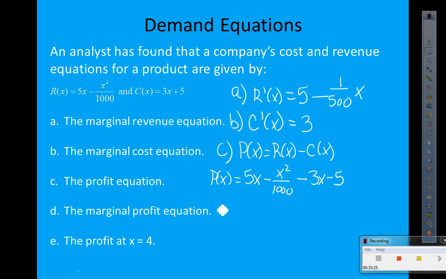And if I simplify that, it looks like my profit equation is going to be 5x minus 3x is 2x minus x squared over 1,000 minus 5. There's my profit equation.